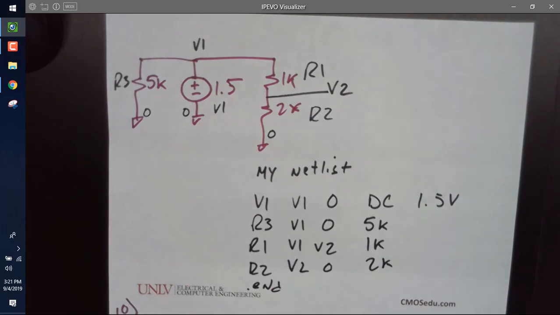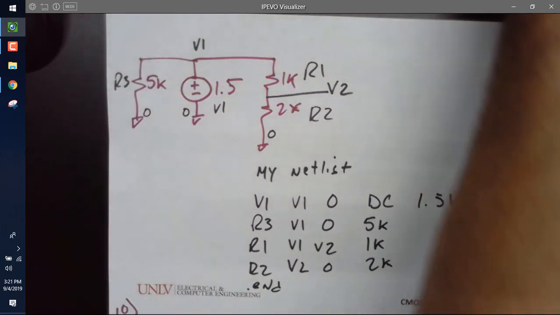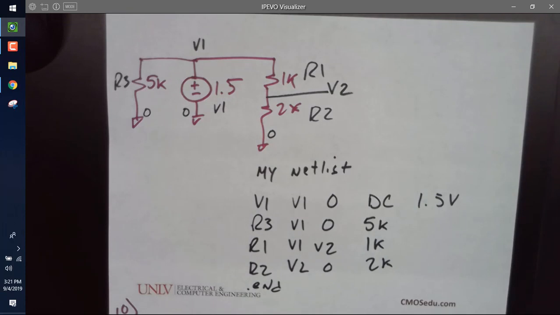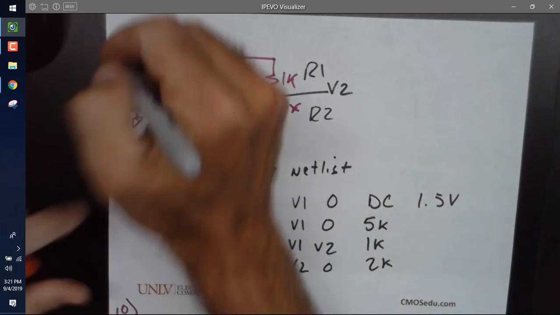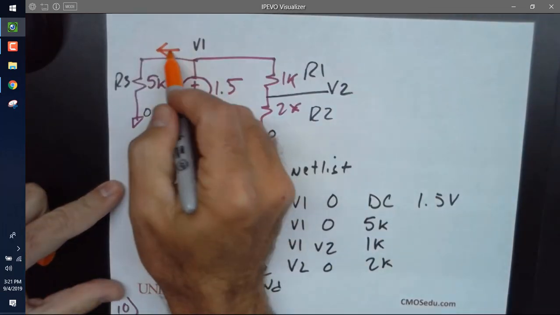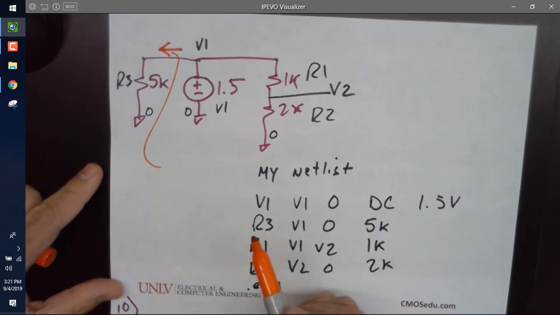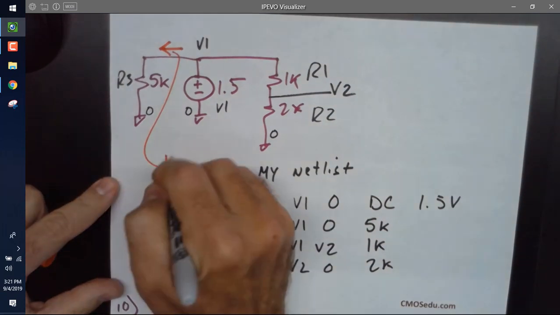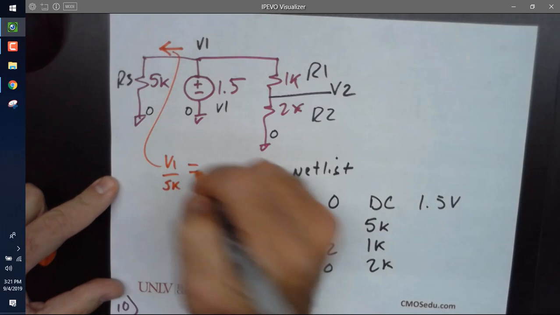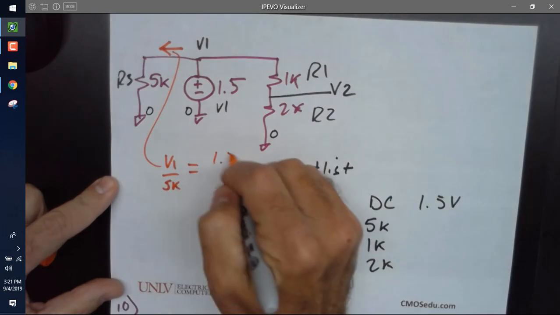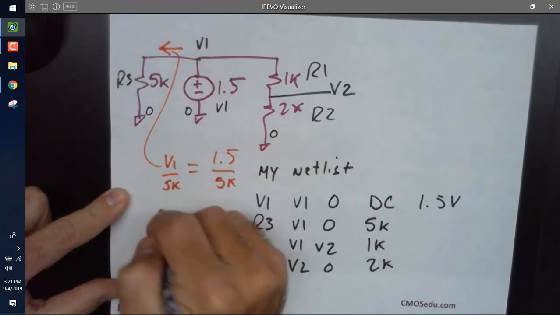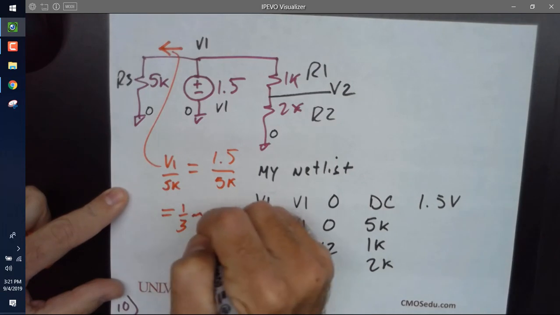And now I'm going to simulate. Before I do, though, just to simulate, it's not that interesting. With your newfound circuits knowledge, I'm going to ask some simple questions here. I don't know if they're simple. What is the current flowing there? And what's that equal to? Which is 1/3 milliamp.